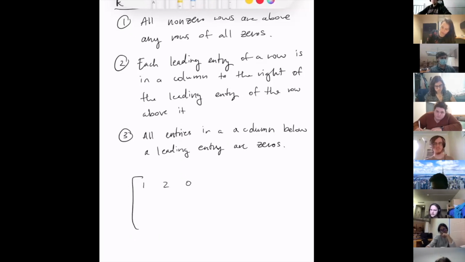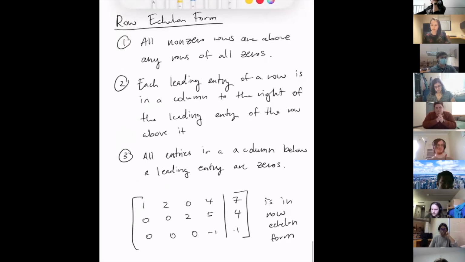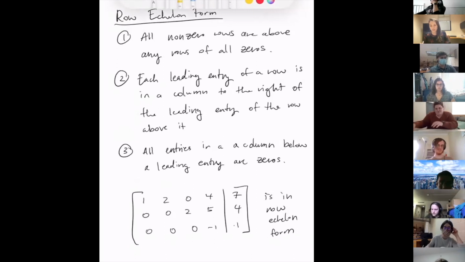One, two, okay, so this is in row echelon form. Okay, so let's look at why. We don't have any rows of all zeros, so the first condition is satisfied automatically.